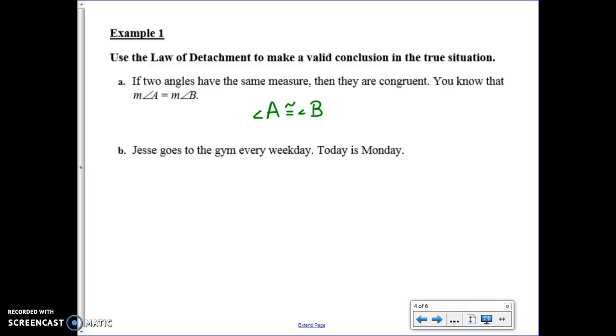This next one says Jesse goes to the gym every weekday. Today is Monday. Well, if we know that Jesse goes to the gym every weekday, Monday's a weekday, so Jesse went to the gym today. Okay, so both of those were examples of law of detachment.